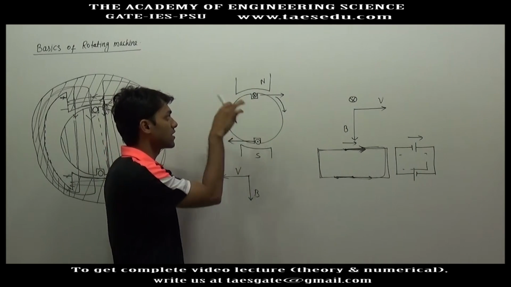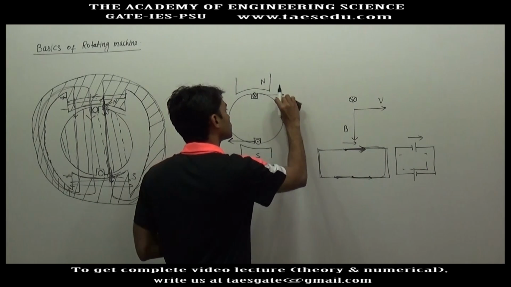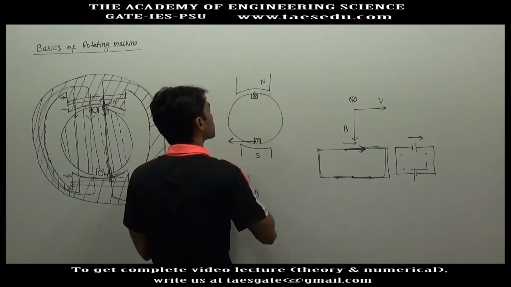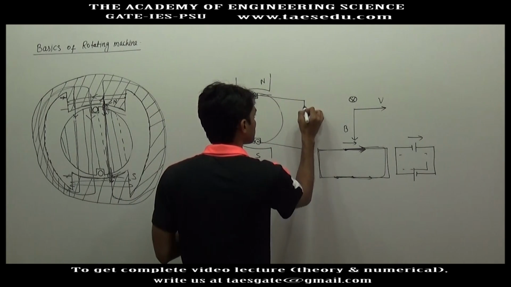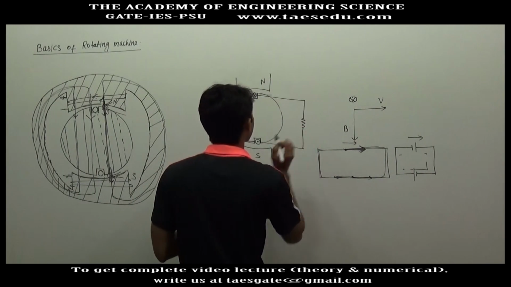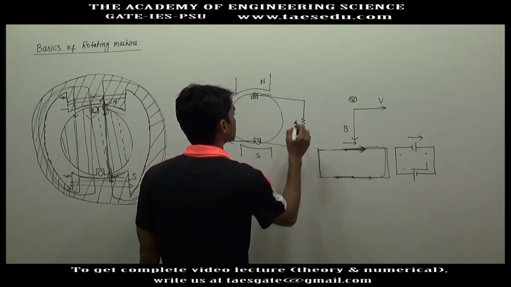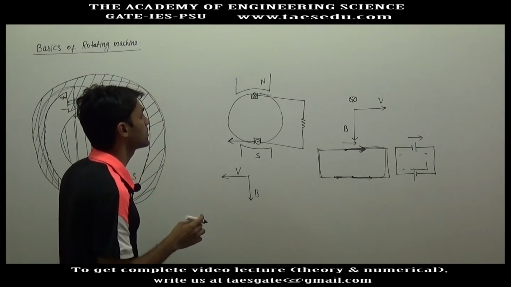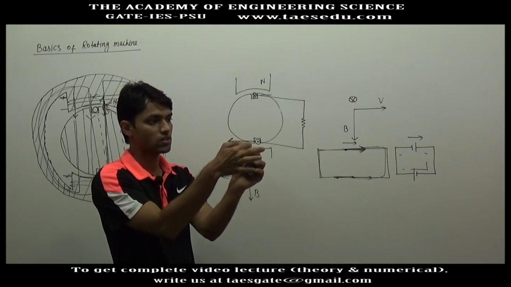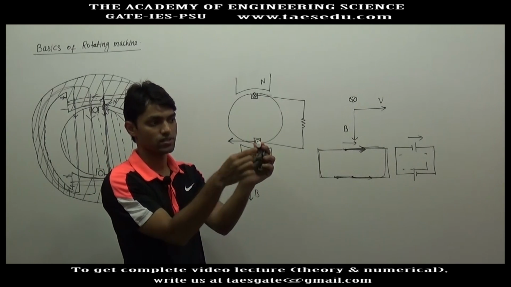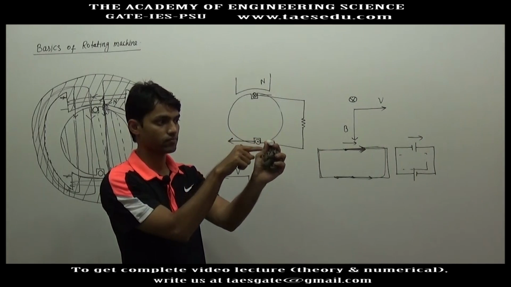So if you complete this circuit with a resistance, a current will flow here. And what will be the direction of current? The charge will go inside here, and here the charge will come outside. So this is the direction of current.